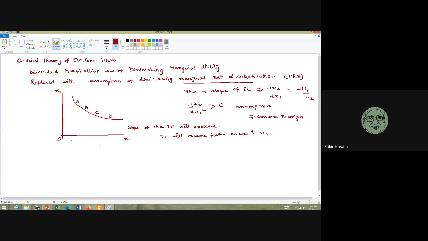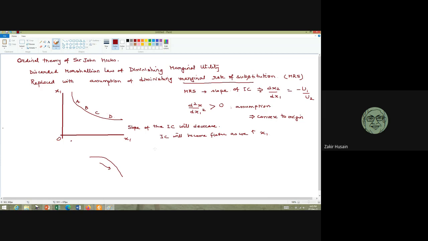Because if you have concave, for instance, if you have concave like this, what is happening to slope? As we move like this, the indifference curve is actually becoming steeper. If it was a straight line, the slope remains the same. So if we assume that the marginal rate of substitution is diminishing, indifference curves must be convex to the origin.